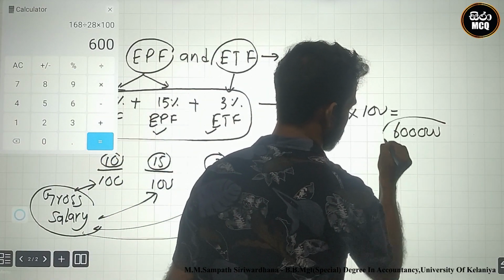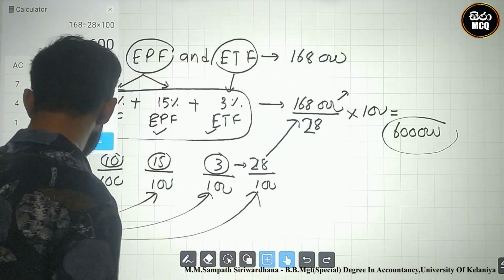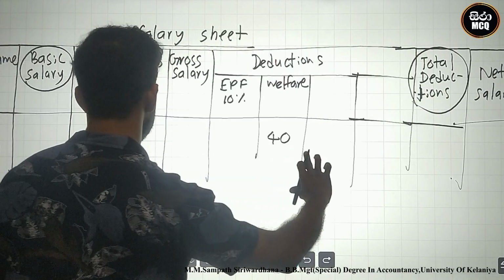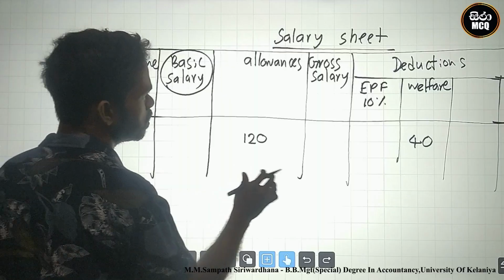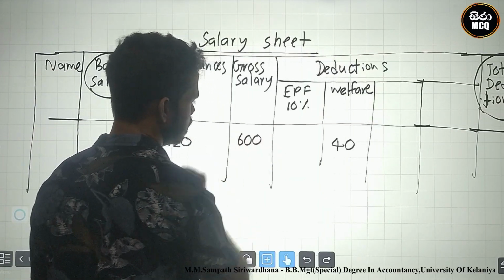This is the gross salary. Therefore, 600,000 can be included this way. 600,000 is the gross salary.